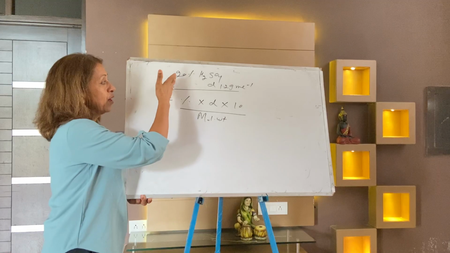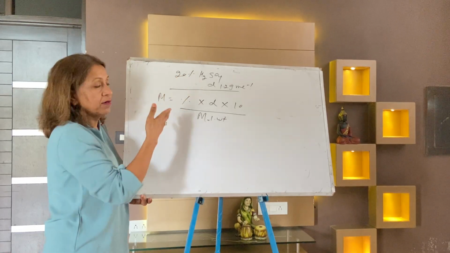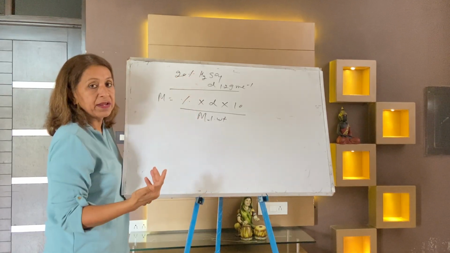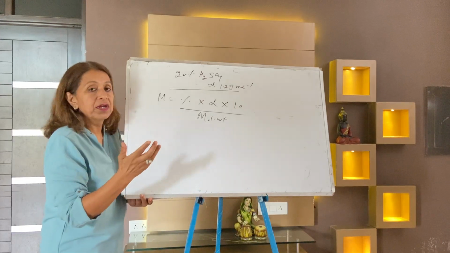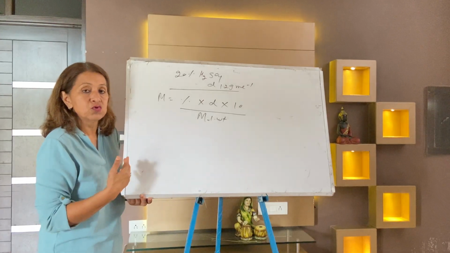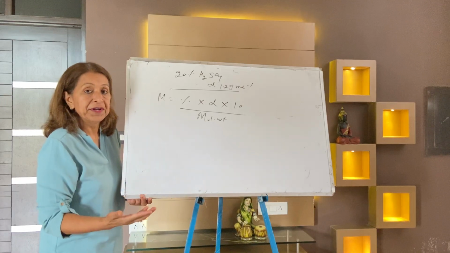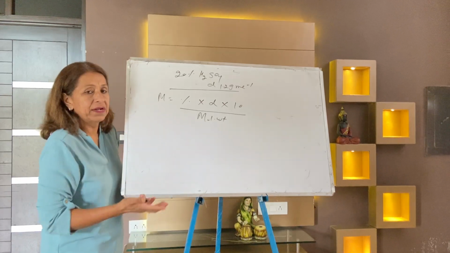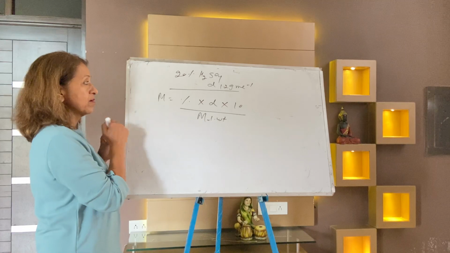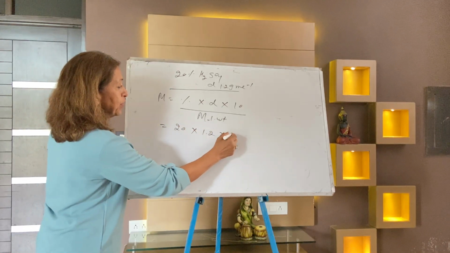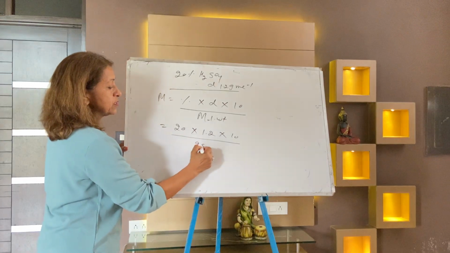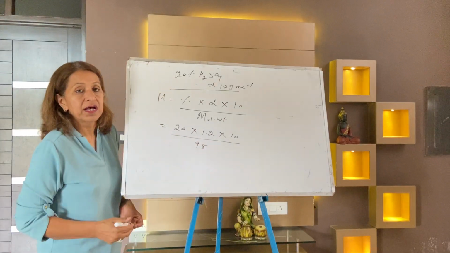I took this same numerical, but it takes almost 5-6 minutes, because stepwise we make a table: mass of solute 20 grams, solvent 80 grams, solution 100 grams. So much length it is. Here we put direct percentage 20, density 1.2, into 10 by 98. It is sulfuric acid. Direct answer.